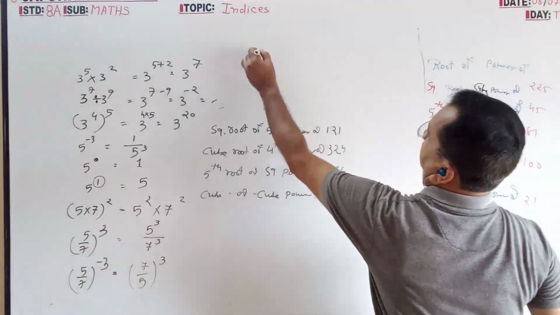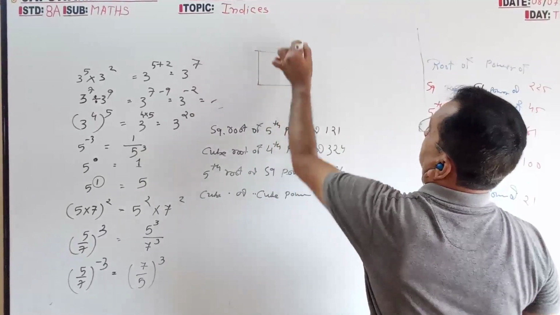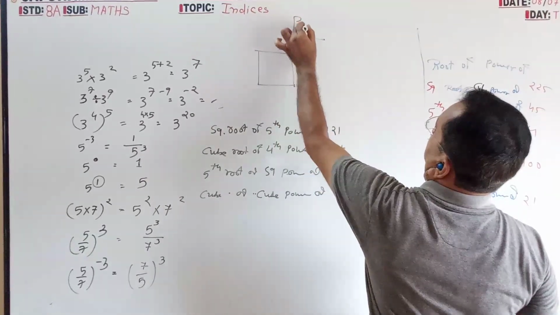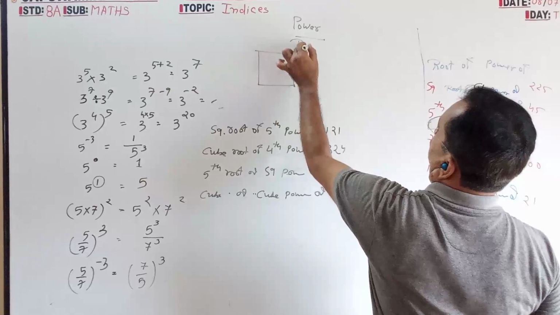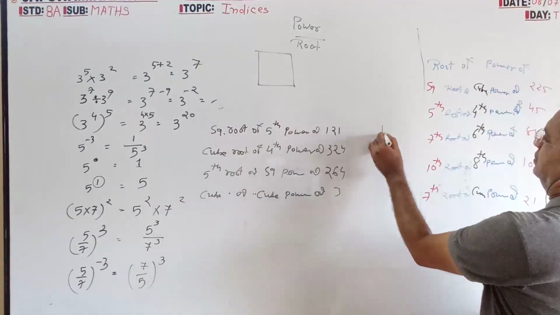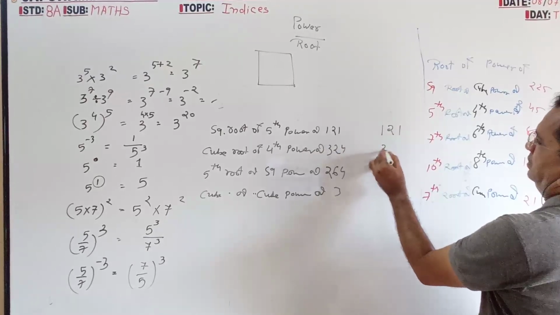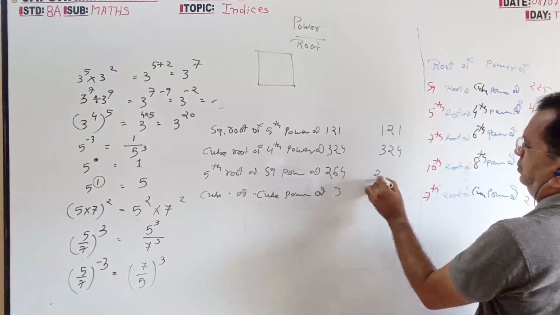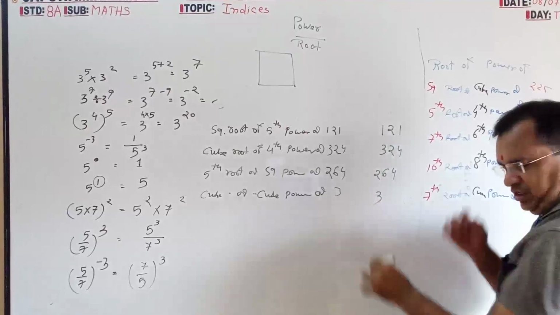So base you have to write here, power you have to write here, root you have to write here. So first I write this: 1 2 1 3 2 4 2 6 4 3.